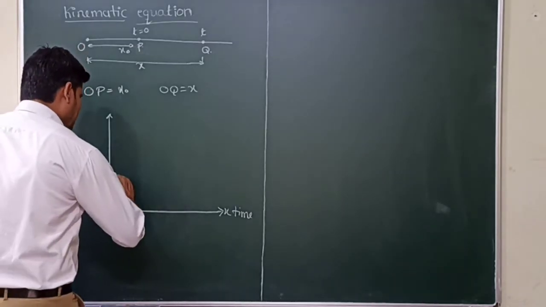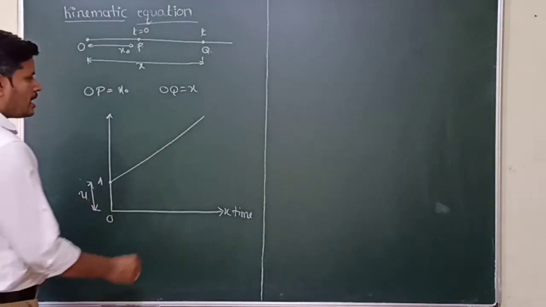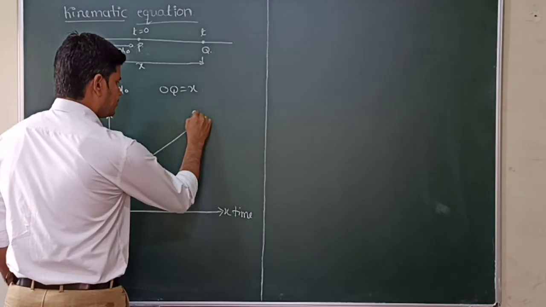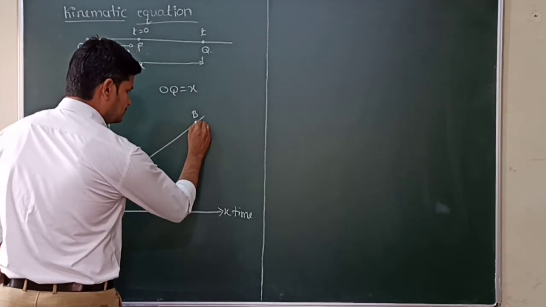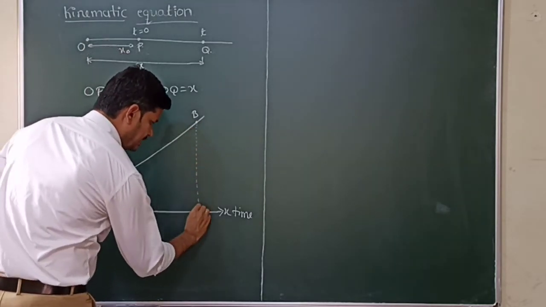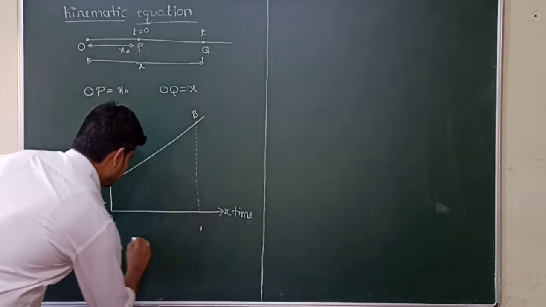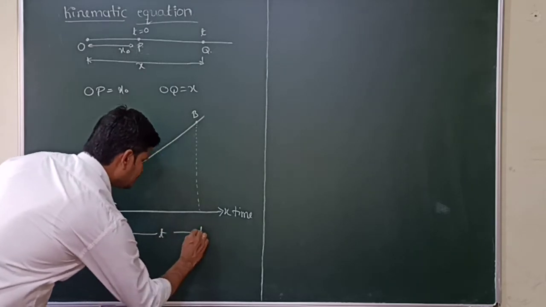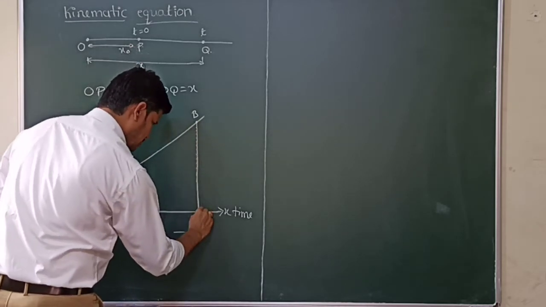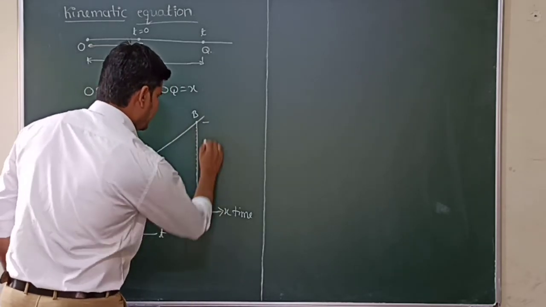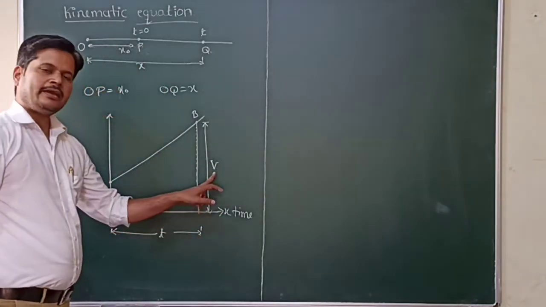The graph is a straight line from this point. Now at a particular point B, the particle has the final velocity at time t. From O to this is the time t, and from here to here is the final velocity v.